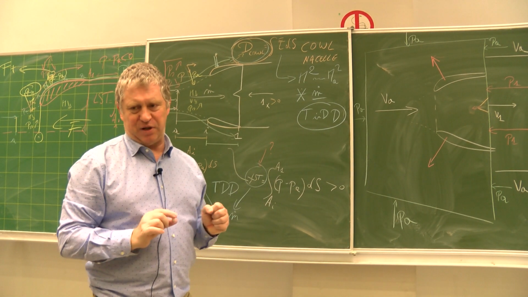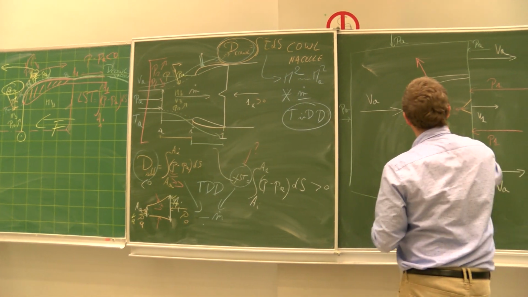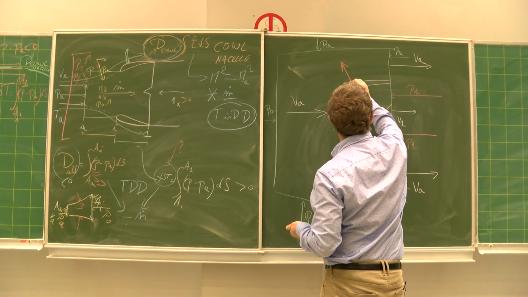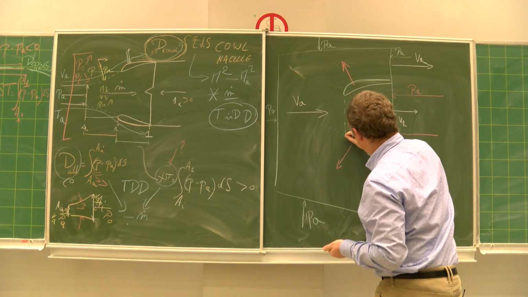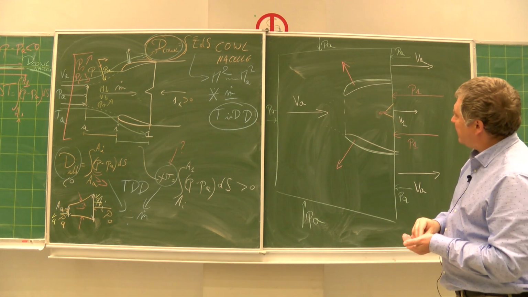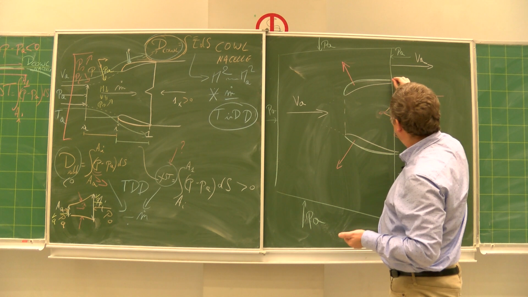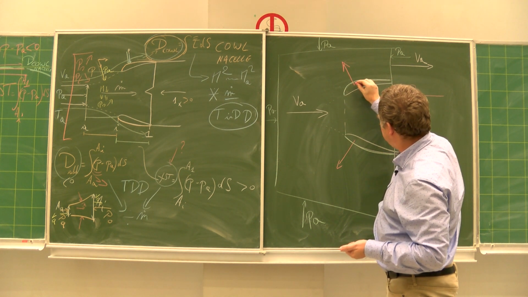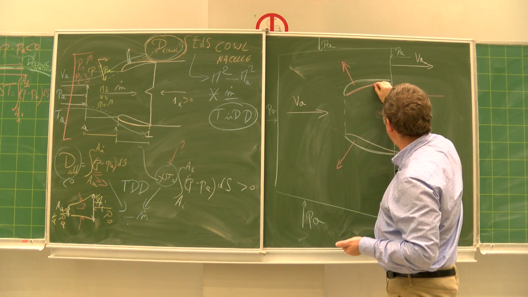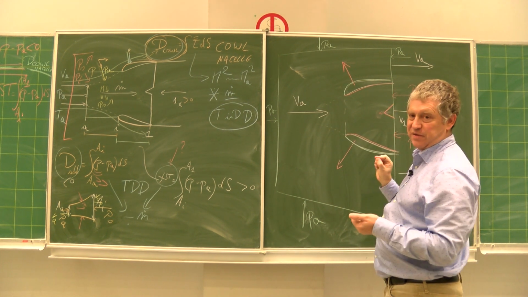But it's not the lip suction thrust, because the lip suction thrust is only the force that you have here. It's only the force that you have there. And by considering the system that you have taken, you have the force on this surface, but also the force on this surface, and the force on this surface.